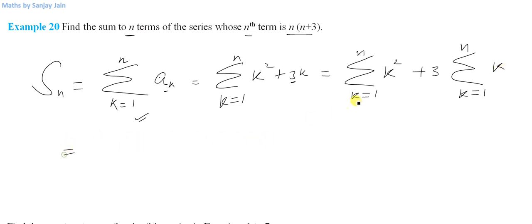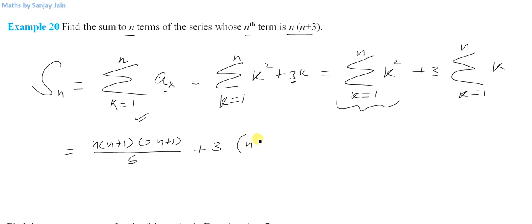So this is the sum of squares of the first n natural numbers. It can be written as n into n plus 1 into 2n plus 1 divided by 6, plus this is 3 into the sum of n natural numbers, so it can be written as n into n plus 1 by 2 here.